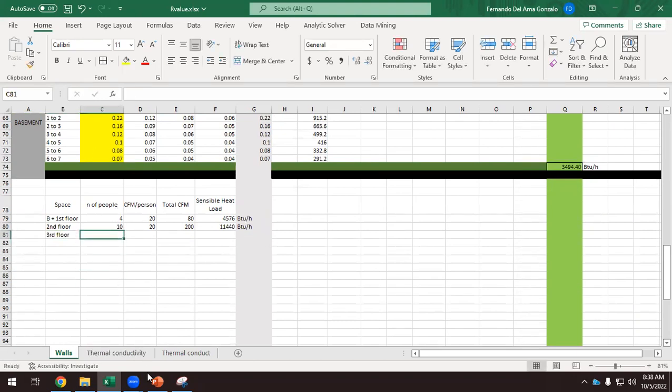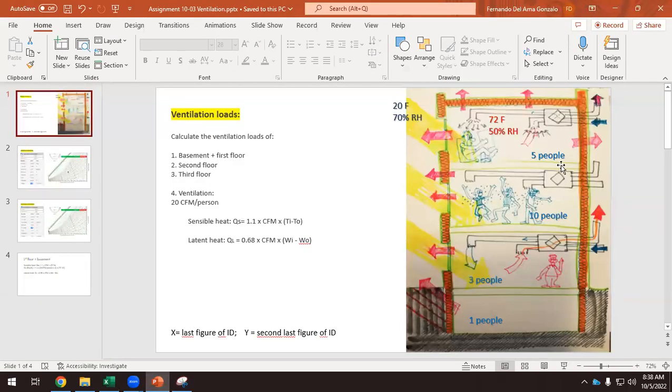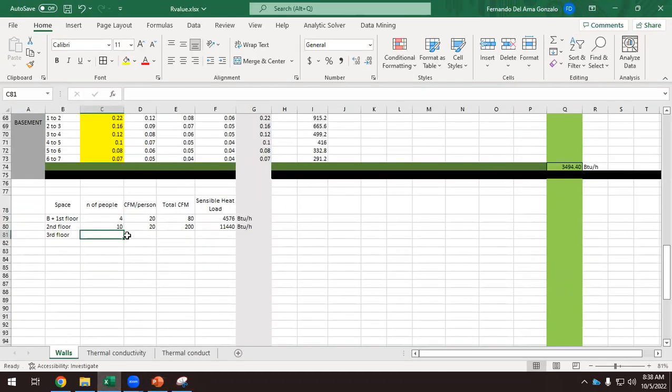The third floor, the number of people, 5. CFM per person, 20. And now I can select everything, drag it down, and I have the same values there. Okay, so that's the sensible heat load.